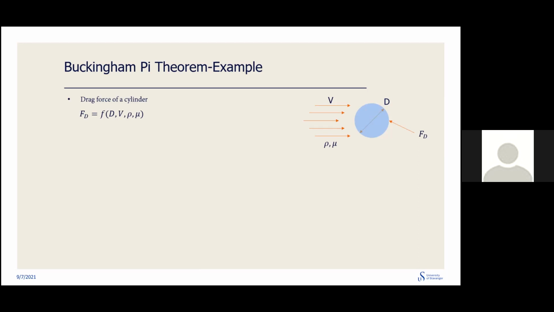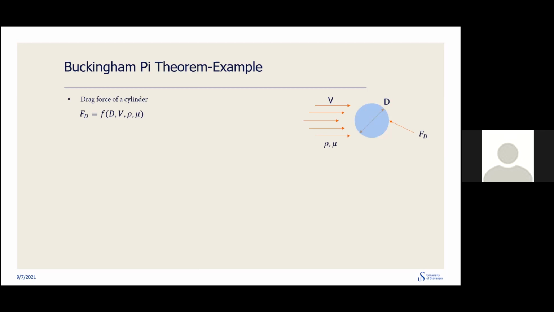So drag force depends on the diameter of the cylinder, of course, and the velocity of the fluid. In a moving car, you put your hand out of the window: the faster the car goes, the more force you feel on your hand. So velocity is here, density, viscosity. If you are moving in the air or in the water, that would matter. Okay, now I have found the variables.